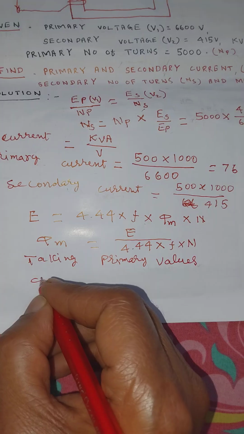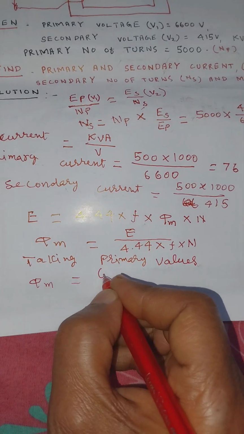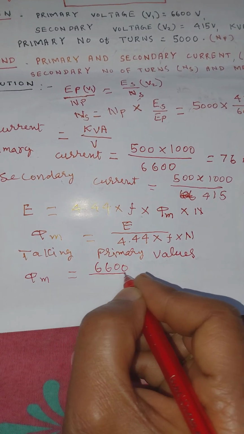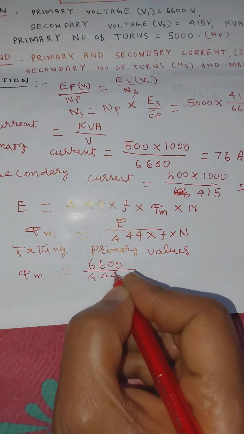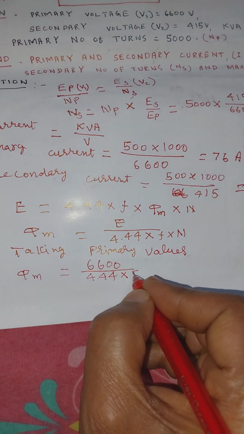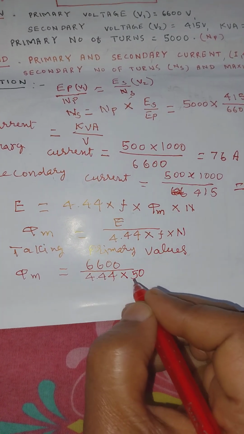Phi m is equal to 6600 divided by 4.44 into frequency 50 and primary number of turns 5000.